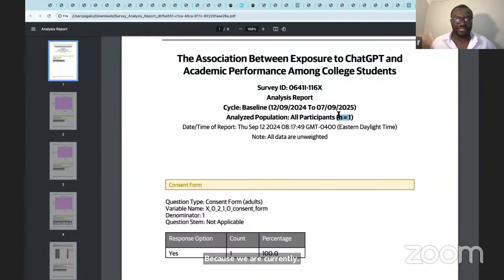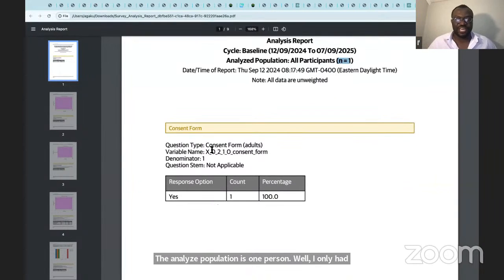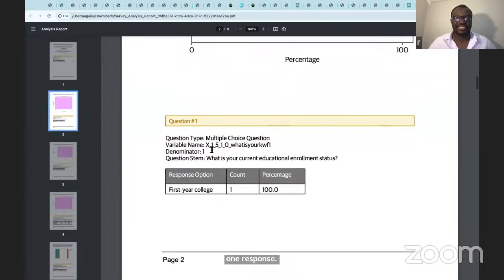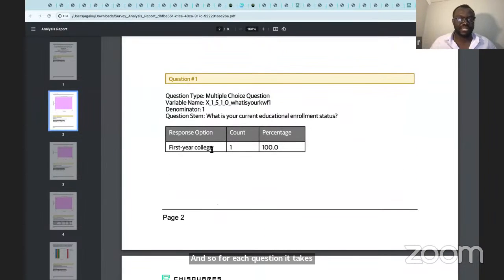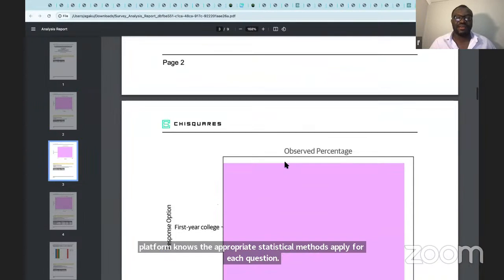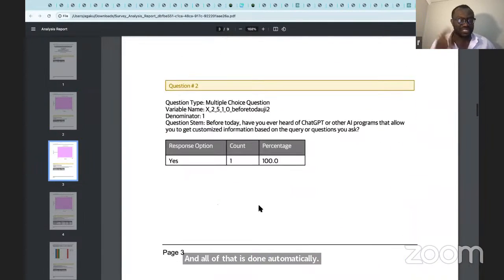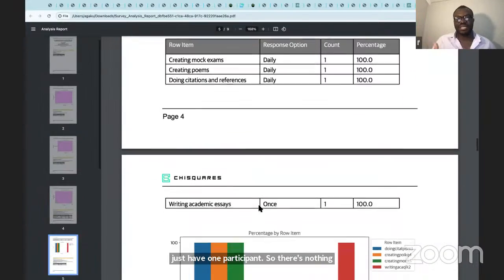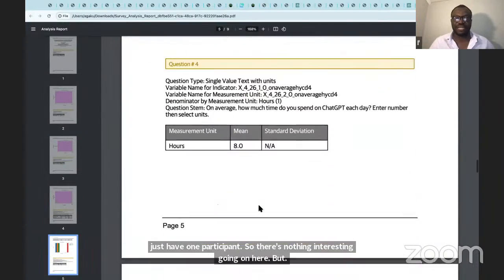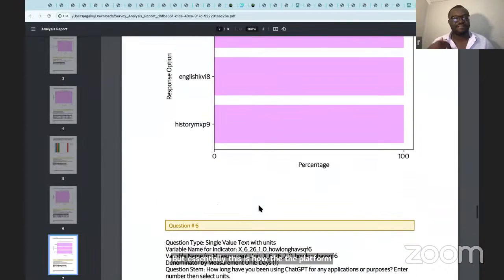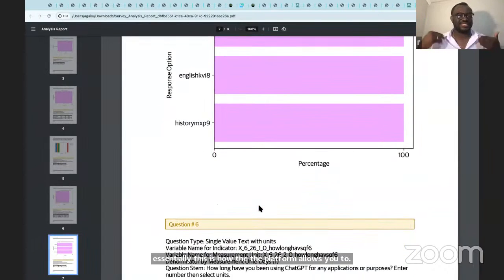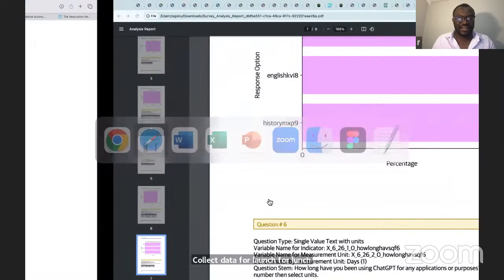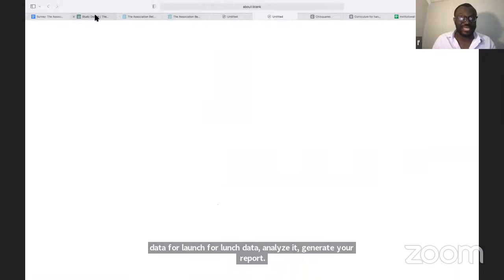Well, I only had 1 response. And so for each question, it takes it and analyzes it. The platform knows the appropriate statistical methods to apply for each question. And all of that is done automatically. Of course, this analysis is not interesting because I just have 1 participant. So there's nothing interesting going on here. But essentially, this is how the platform allows you to collect longitudinal data, analyze it, generate your reports, and all of that instantaneously.